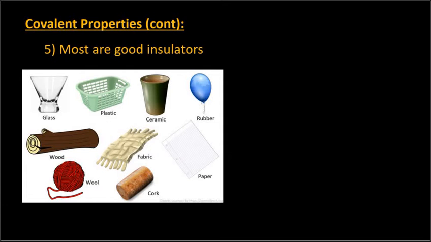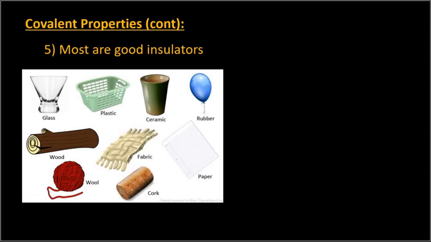There are a lot of different types of things, and in reality, for most of the space vehicles, they have ceramic tiles as insulators against the heat from the sun and from the fuel itself. So they make very good insulators.